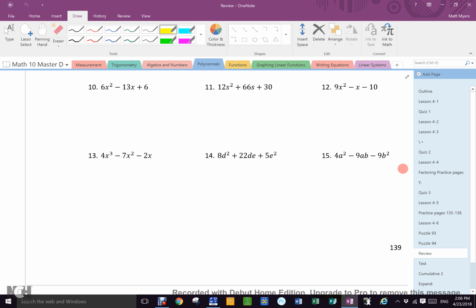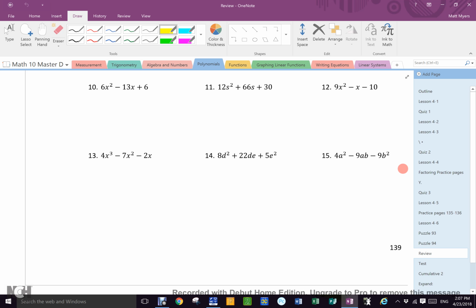Because I personally think that that is the one that my students do the most poorly on. So your review for the factoring half of this unit is this page, page 139. But when you turn the page over, you will notice it is blank. Yes? On the blank page of 140, isn't it?